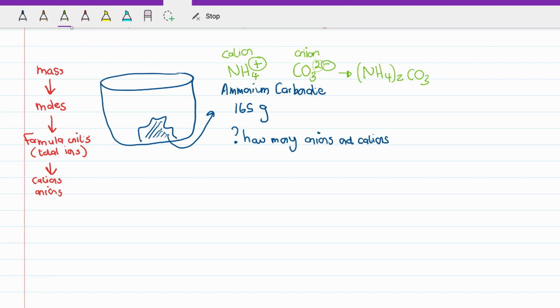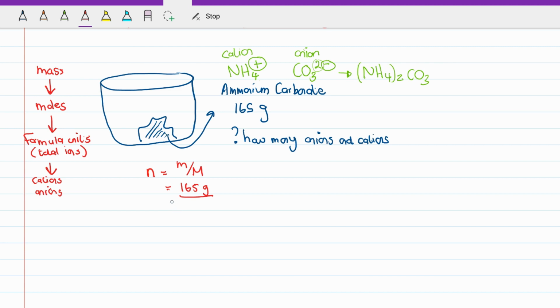Now we can go further and calculate. For starters, you're going to work out the moles. The mole is the mass divided by the molar mass. You have the mass in grams, and the molar mass is what you need to calculate.